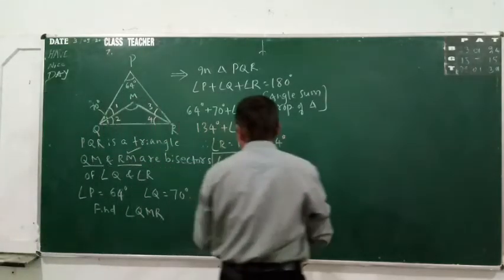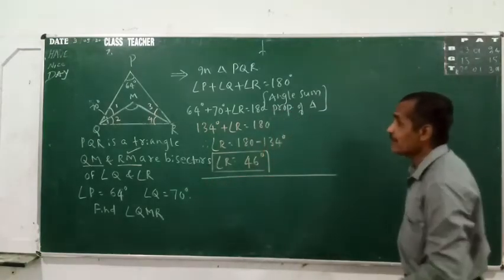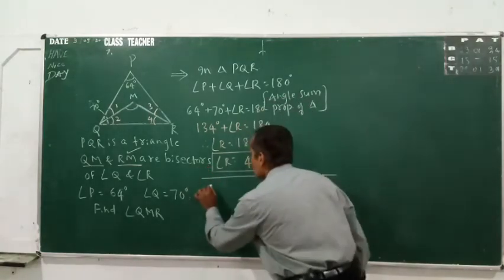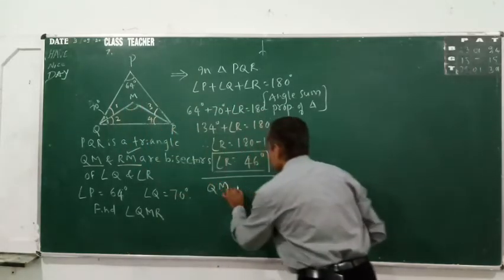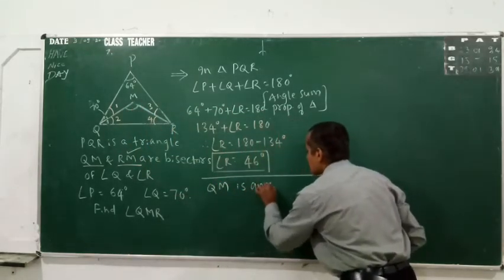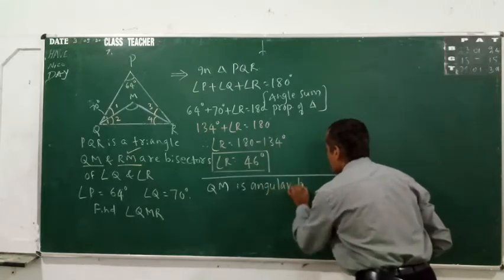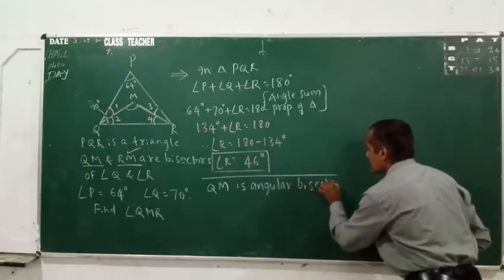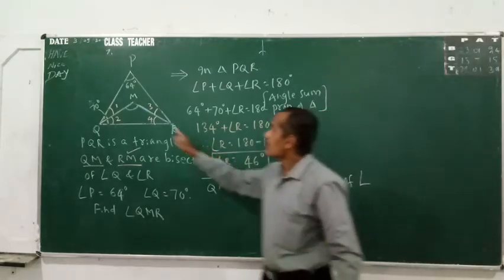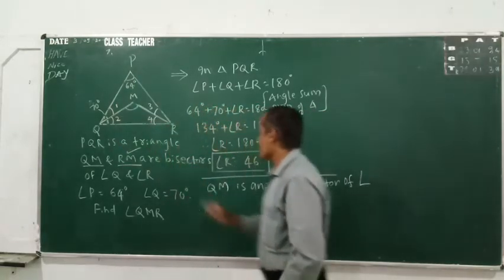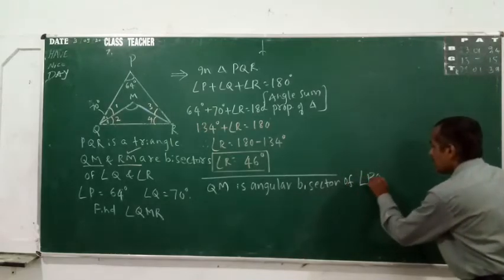How to write? I will write like this. QM is the angular bisector of which angle? Angle PQR.